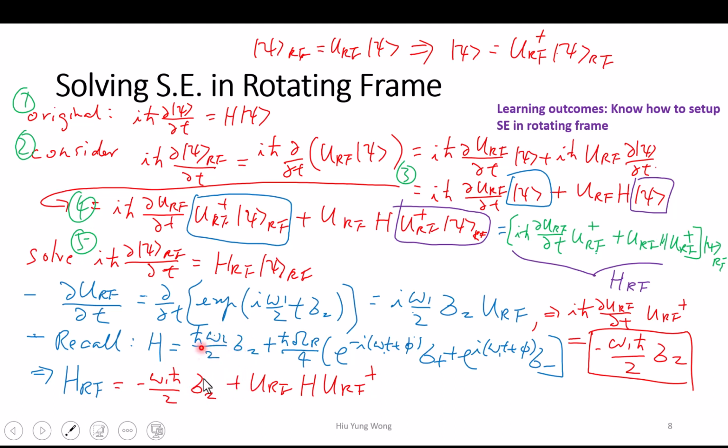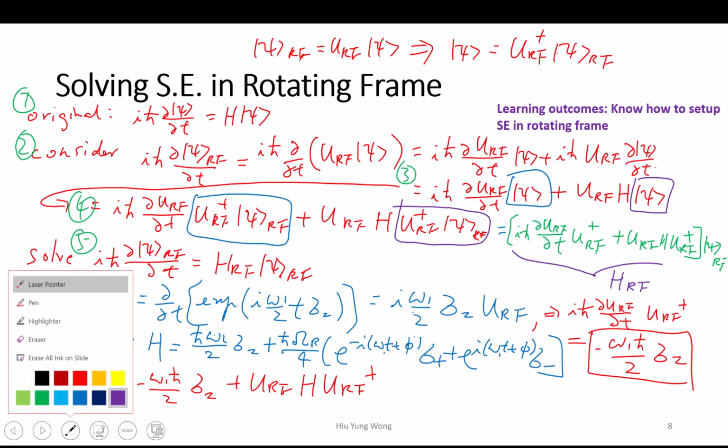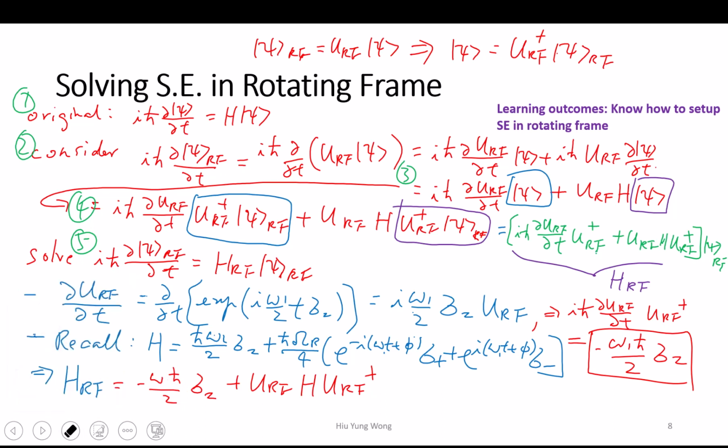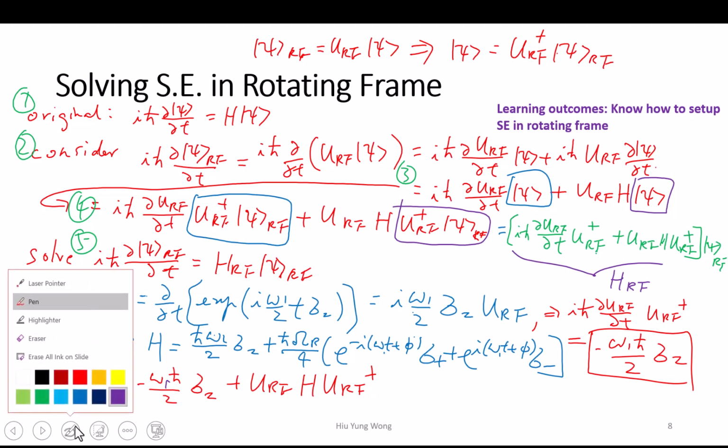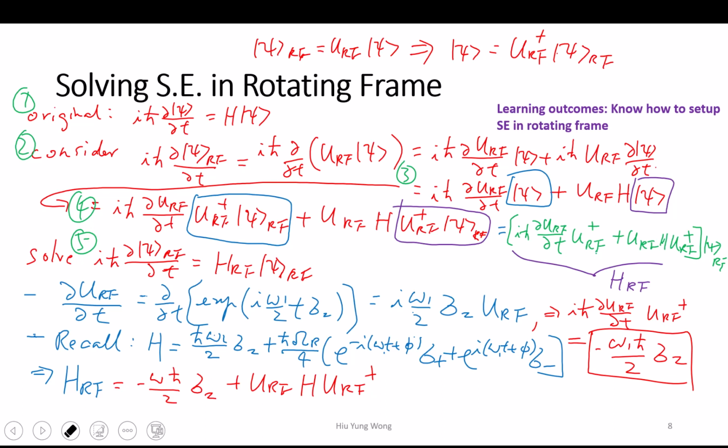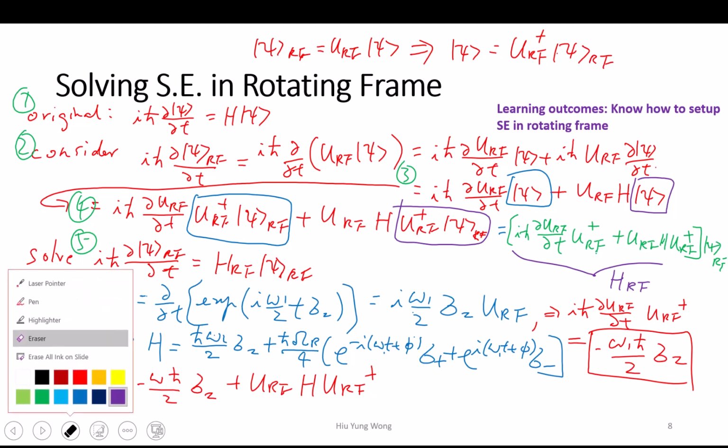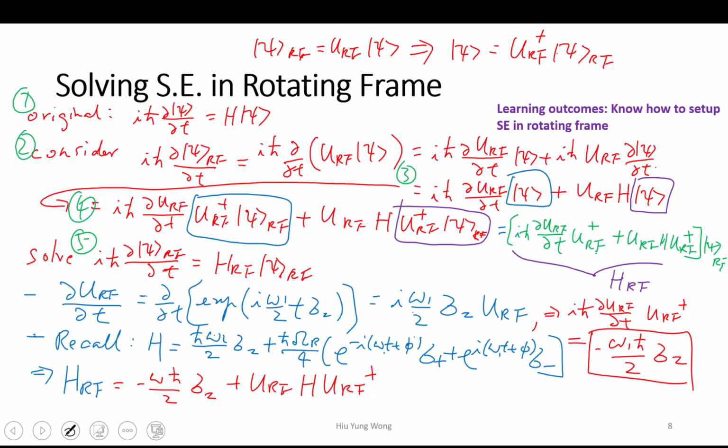This is due to B_0. And then this term gives me ω_1 ħ. This is σ_1, not σ_z. I'm sorry. Actually, I don't need to do this transformation. I completely screwed up. Sorry.